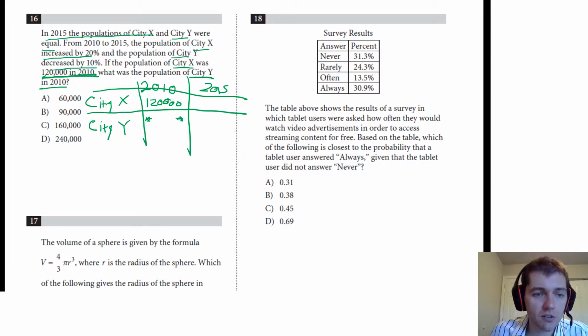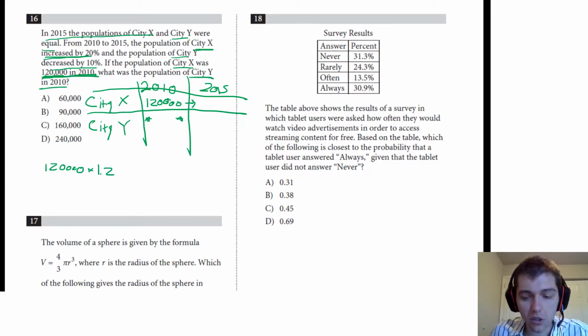Well, they give you city X is 120,000 in 2010, and they give you that the population of city X increased by 20% between 2010 and 2015. So basically you can calculate between 2010 and 2015. So how do you get there? You do 120,000, and it's an increase, so it'll be a larger number, times 1.2 was the new population.